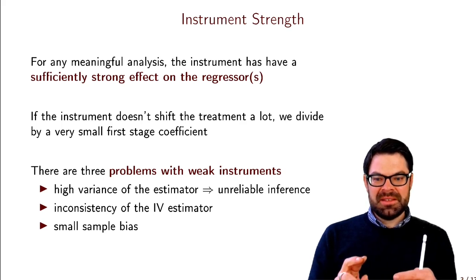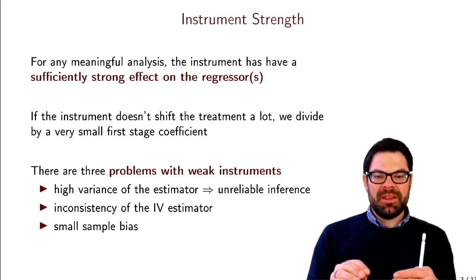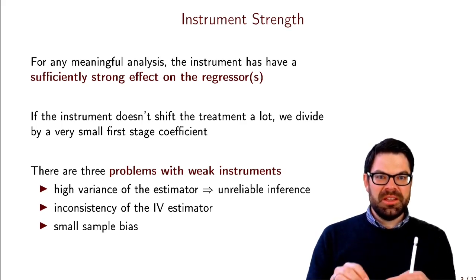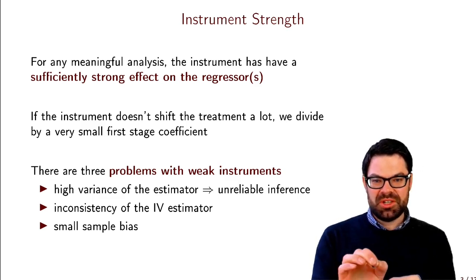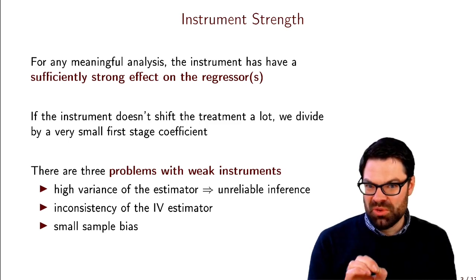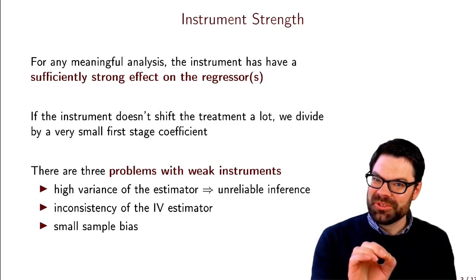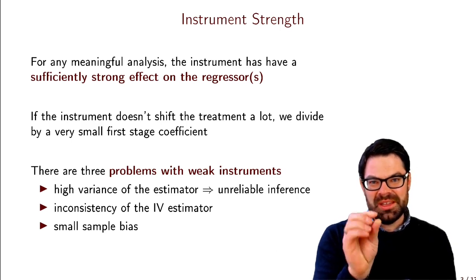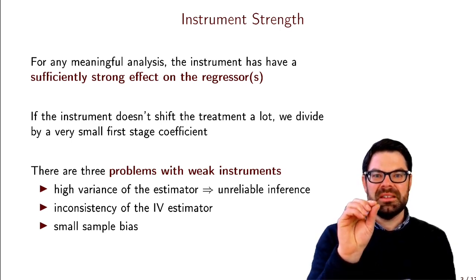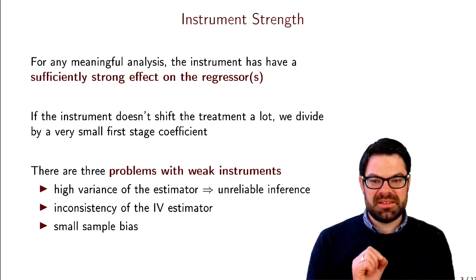The other thing is that an IV estimator may be inconsistent, for example, if the exclusion restriction doesn't quite hold. So it may hold to some extent, but there may still be a small correlation between the instrument and the error term in the second stage.